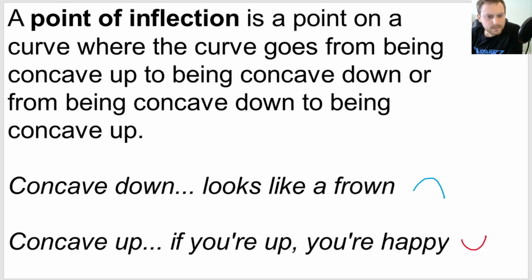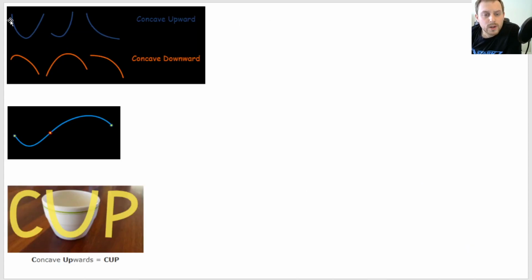If we look at the next slide, this gives a little bit more information. Wherever a curve looks like part of a smile, even if it's not the full smile, that's called being concave up. And wherever the curve would be part of a sad face, a frown, it's concave down.